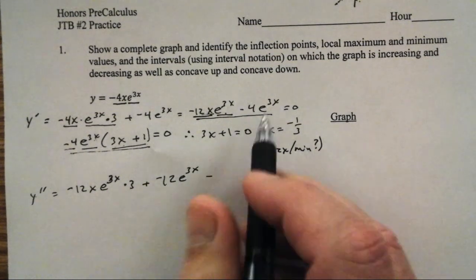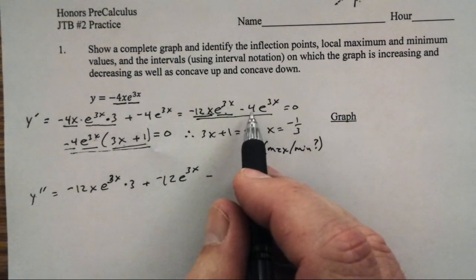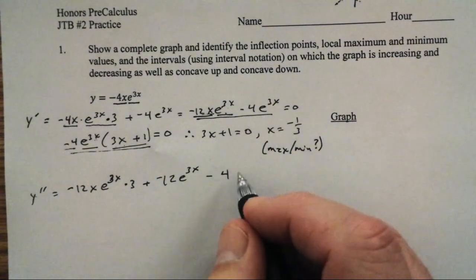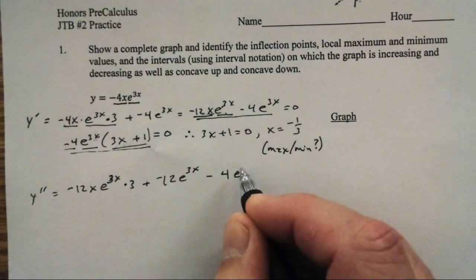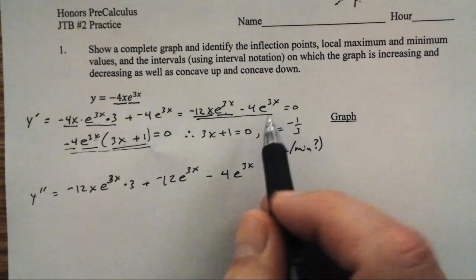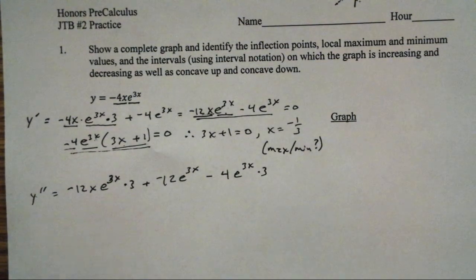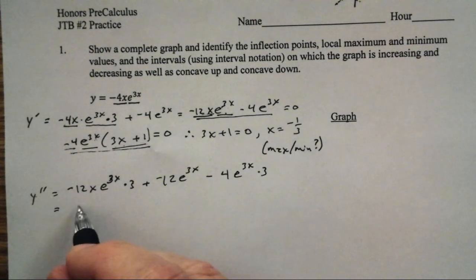And then I still need the derivative of this. But the derivative of this is just negative 4 times the derivative of e to the 3x. Derivative of e to the is e to the. Leave the inside function or the baby function alone. Treat the baby function. And let's clean that up.